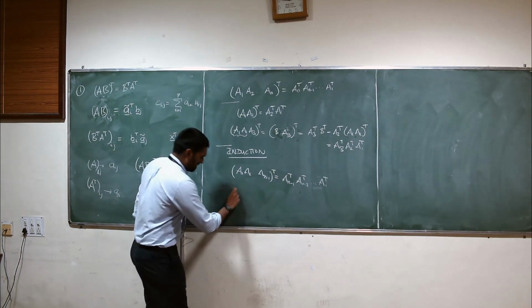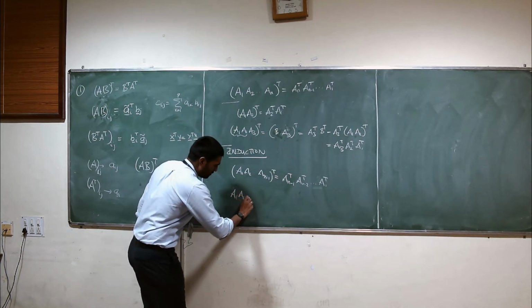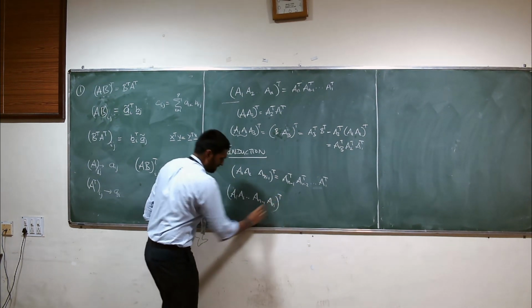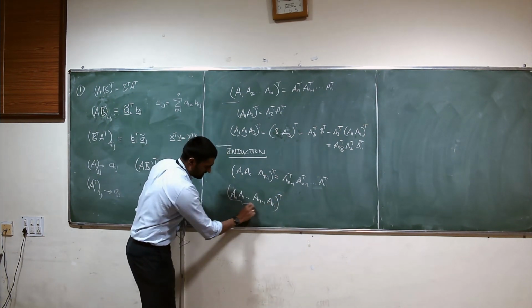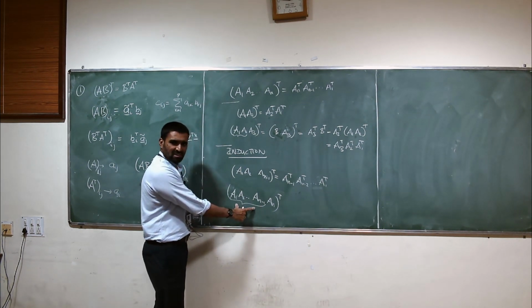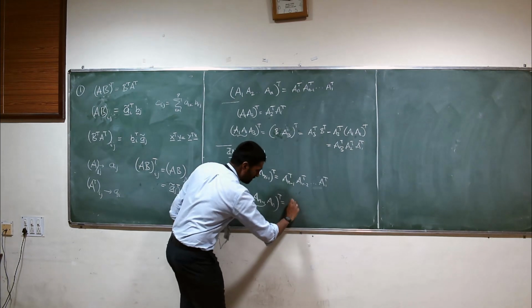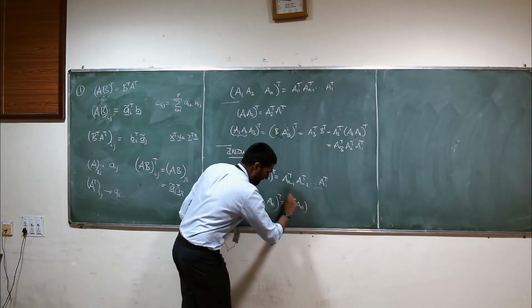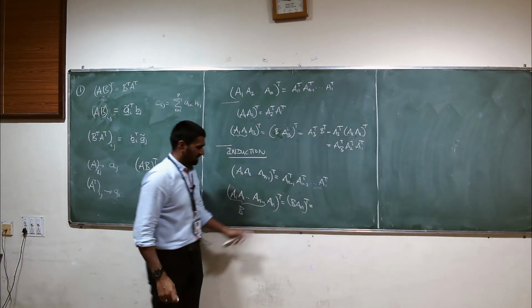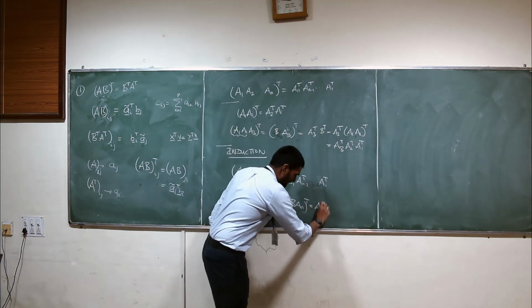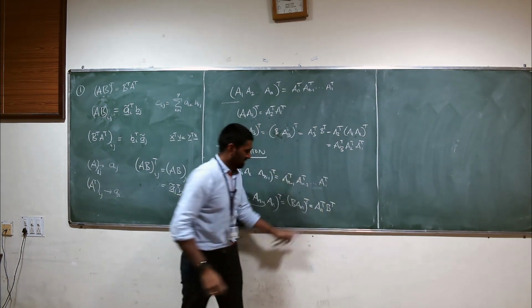Now, what about A1 A2 ... A_{n-1} A_n? This whole product of the first n minus 1 matrices can be combined into one matrix, let's say B. That means it is equal to (B A_n) transpose. We know what the transpose of something like this is: A_n transpose B transpose.